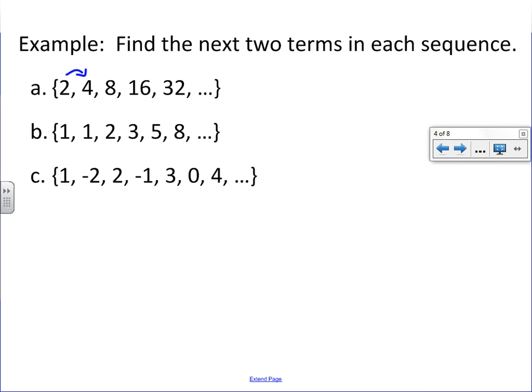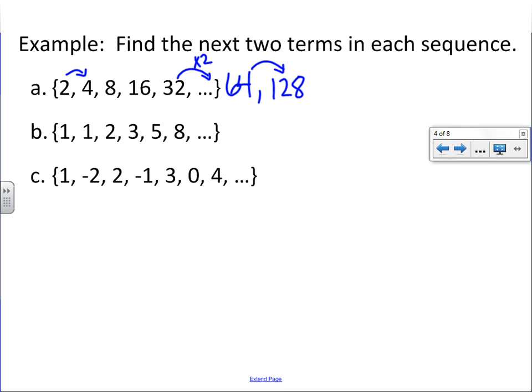Instead, let's say 2 times 2. 2 times 2 will get me 4. 4 times 2 will get me 8. 8 times 2 will get me 16. 16 times 2 will get me 32, so that's obviously my rule. So I'm going to take 32 times 2, which will get me 64, and then 64 times 2, which will get me 128.